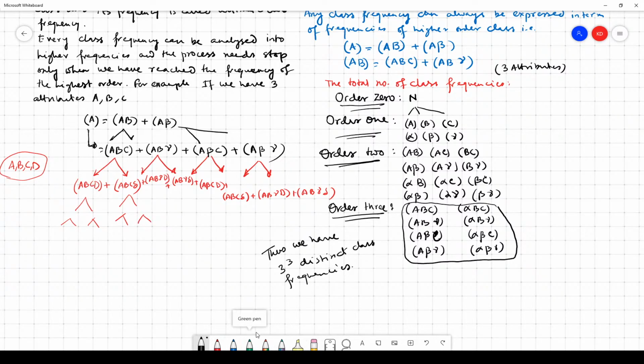So my question is, suppose we have n attributes, small n attributes.